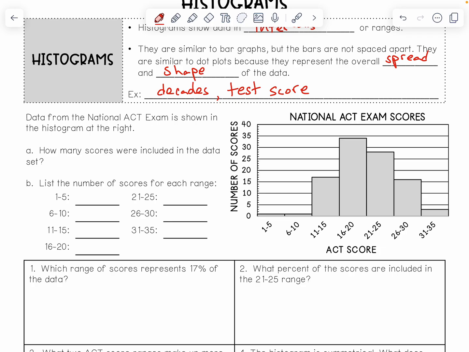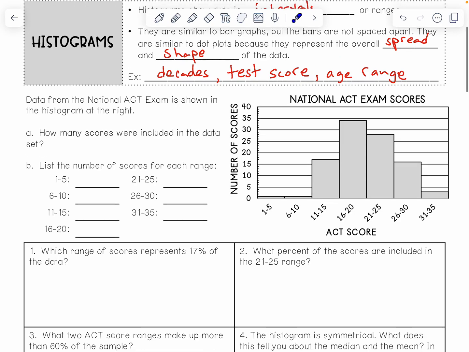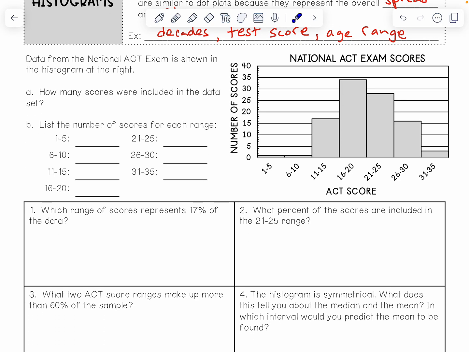You can also have age ranges. For example, anyone between 0 and 10 years old, 11 through 18, 19 through 25, those would be age ranges.